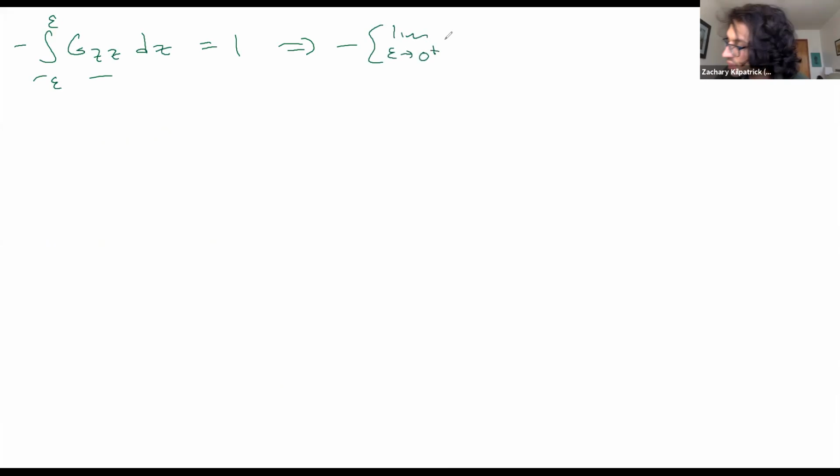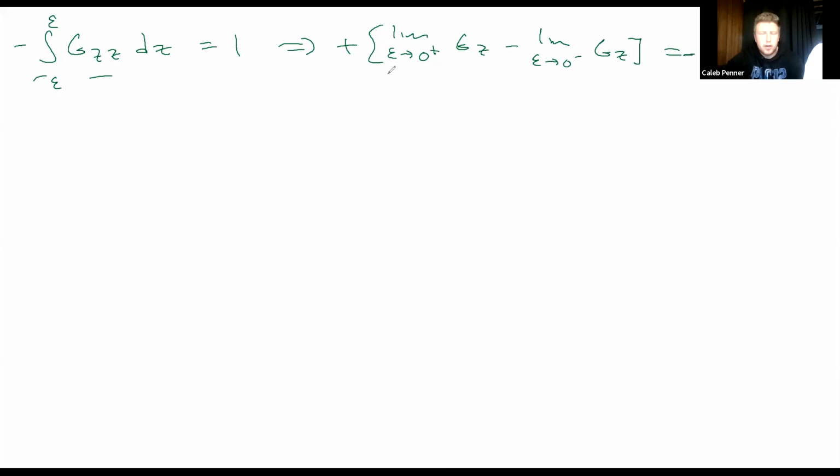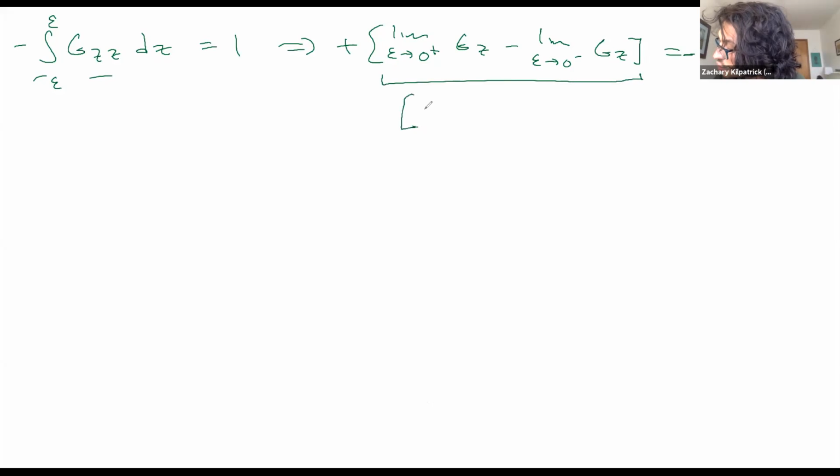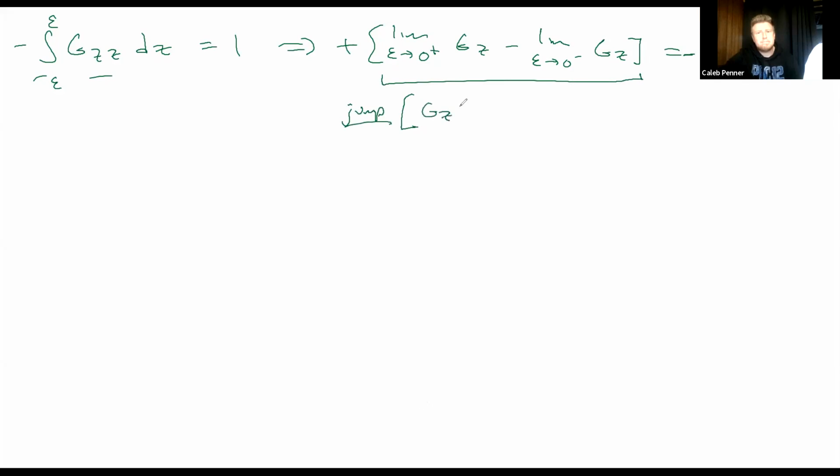Yeah, sorry, I was a little fast and loose with this, but essentially we have this minus this is equal to 1. But then you can flip the sign here. Totally. And then this is the thing that we call the jump, right? This jump term at z equals 0. Okay. Thank you. No problem.